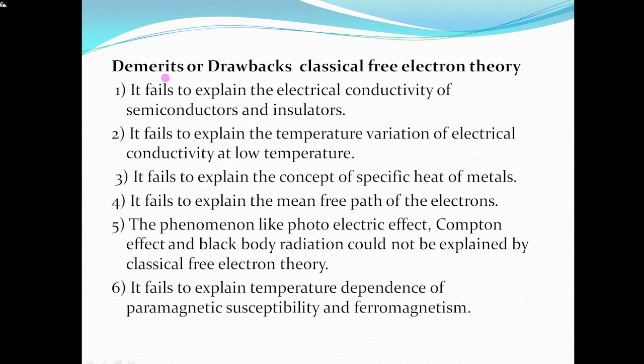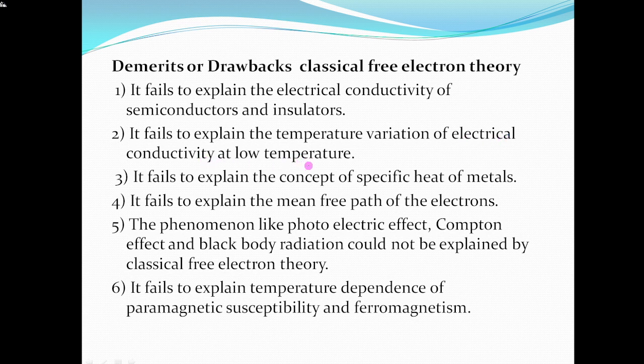Now, if we go for demerits or drawbacks of classical free electron theory. In the drawbacks, see here, it fails to explain the electrical conductivity of semiconductors and insulators. It can give only electrical conductivity of metals, but it cannot give semiconductors and insulators. Next, it failed to explain the temperature variation of electrical conductivity at low temperatures.